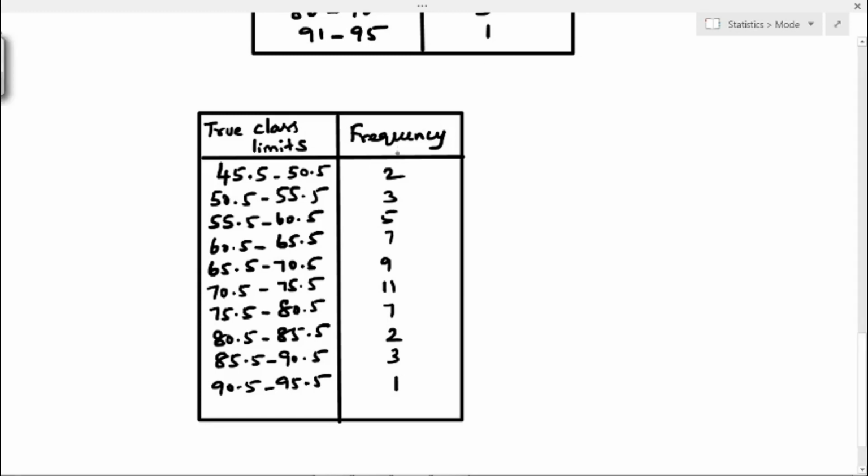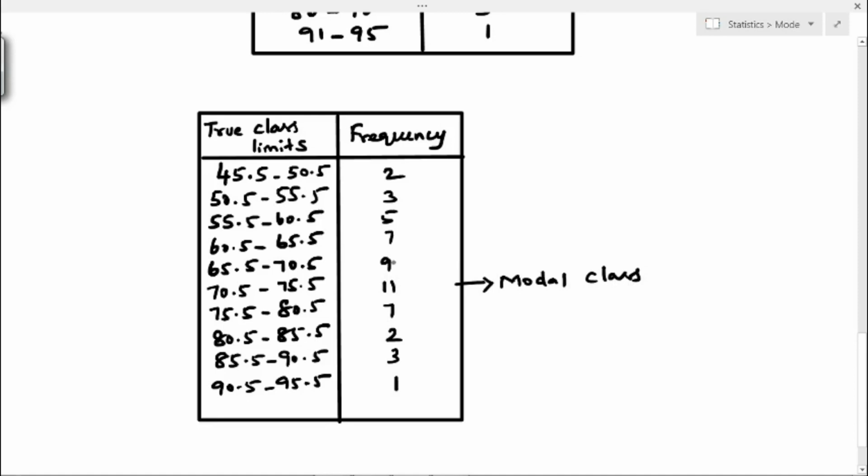See, here we have 11, so 11 is the highest value. So this 11 is called the modal class.